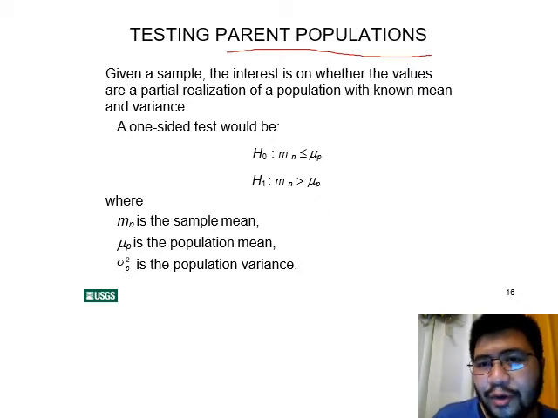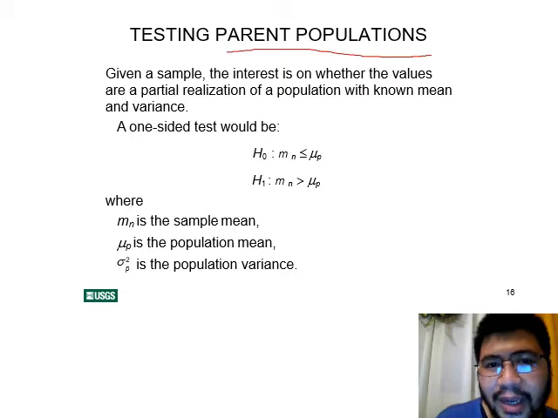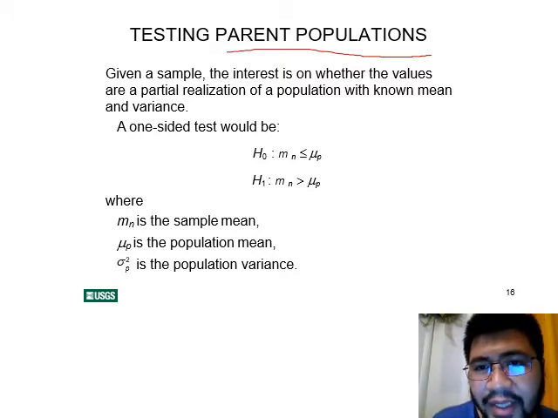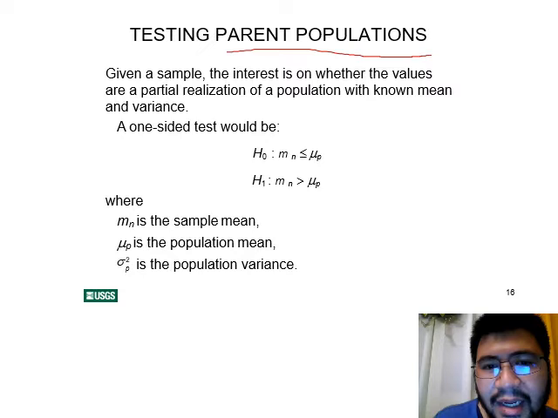So you basically know the actual or the hypothetical value of the mean of the population, and you just want to know if the value that you have is more or less the same as the mean of the population.